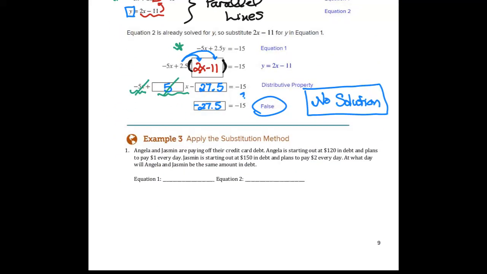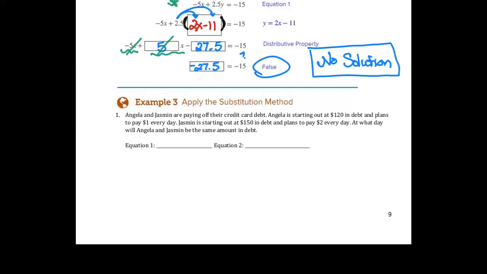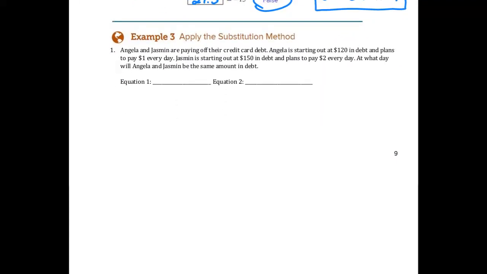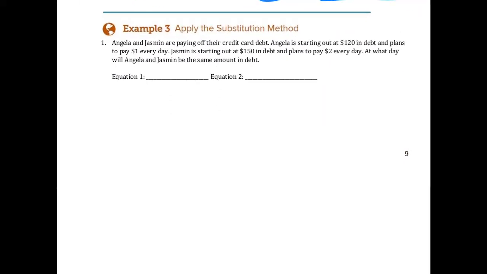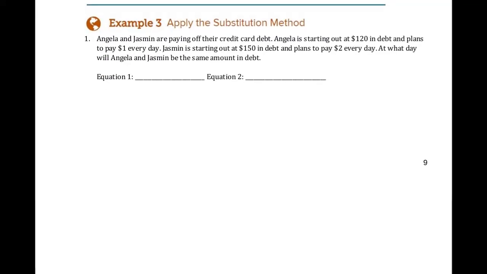All right, so example 3 says apply the substitution method. This is a word problem. So it's really important to try to capture what's going on in this word problem, okay? Angela and Jasmine are paying off their credit card debt.